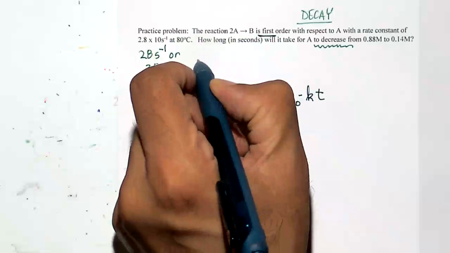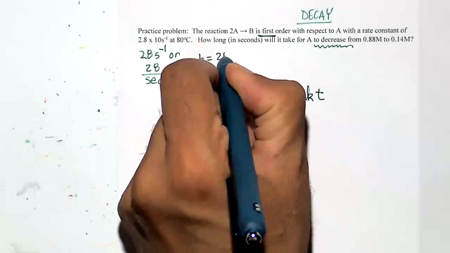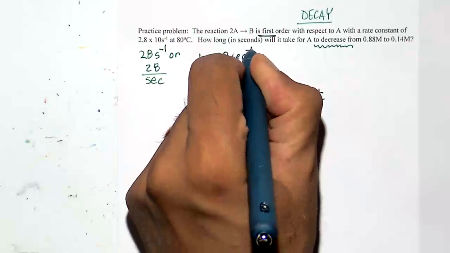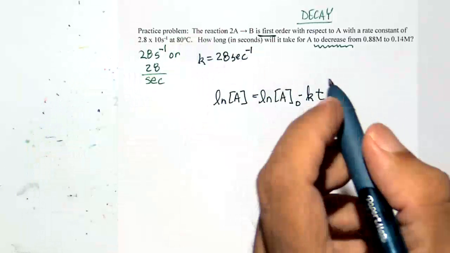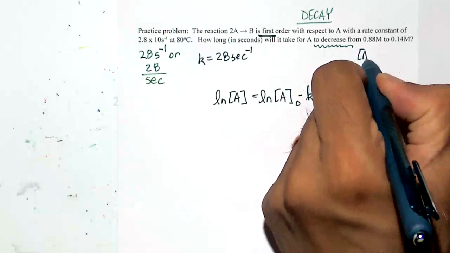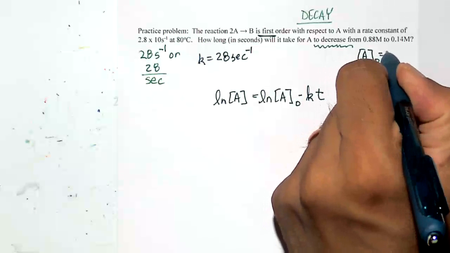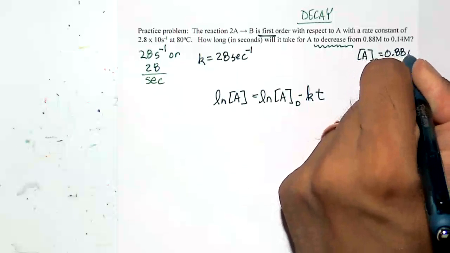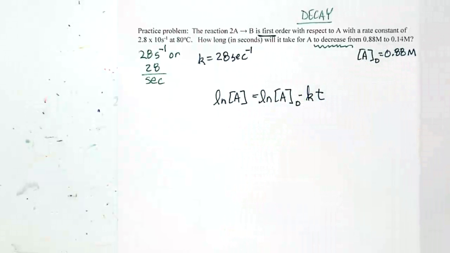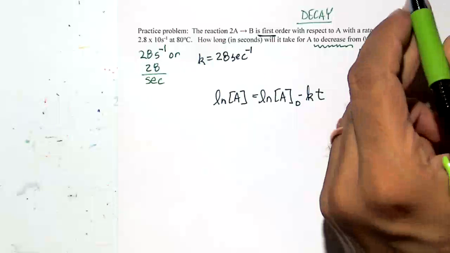So what are we given here? It has a rate constant of 28 inverse seconds. And what is the initial concentration of A? 0.88 molar. What's the final concentration of A?